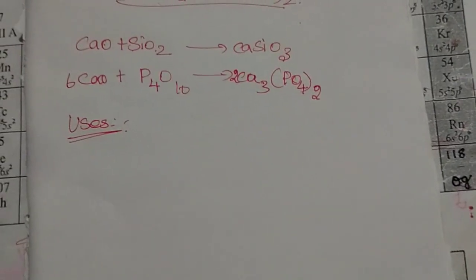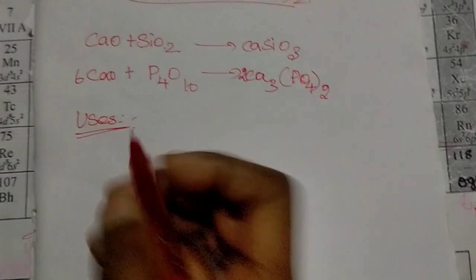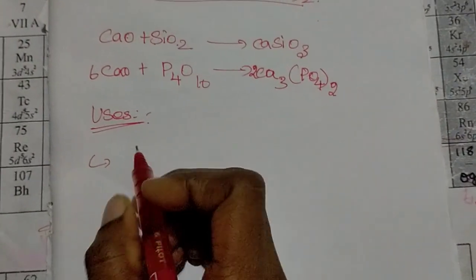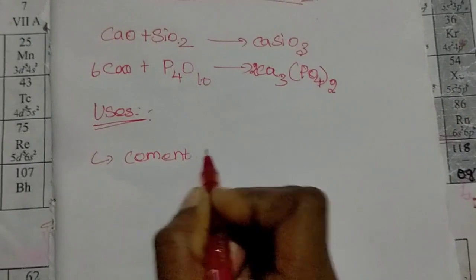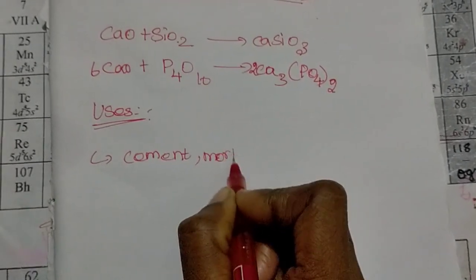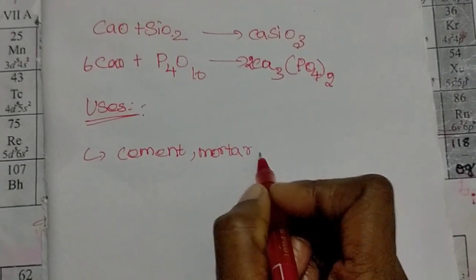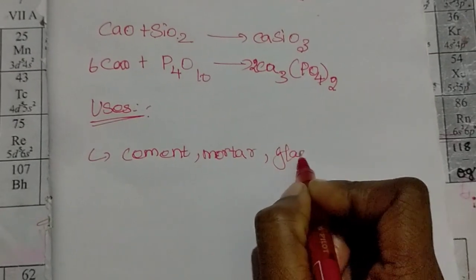we use this calcium oxide to prepare cement and mortar and also glasses.